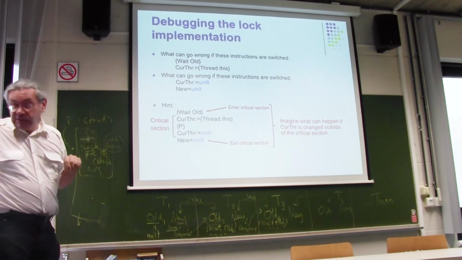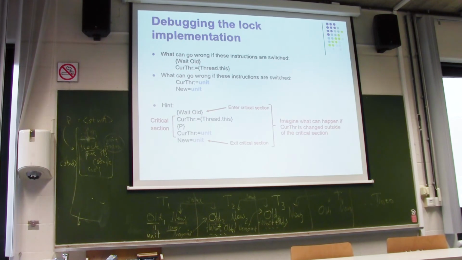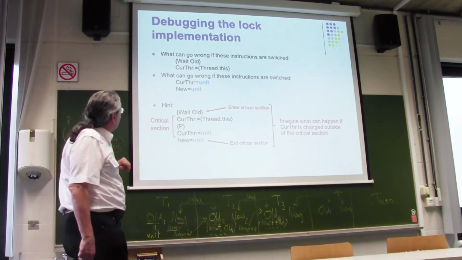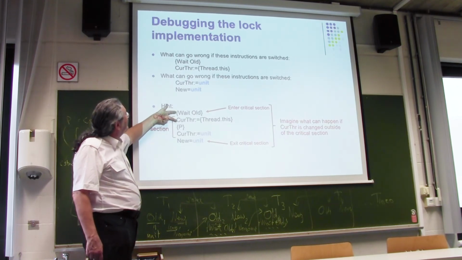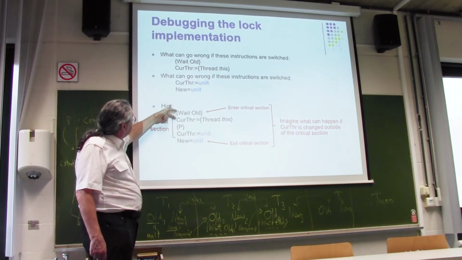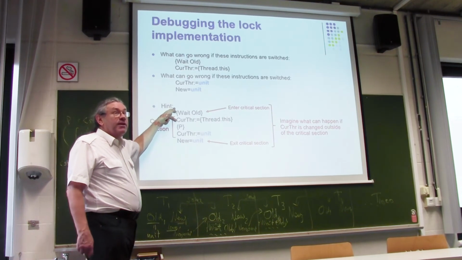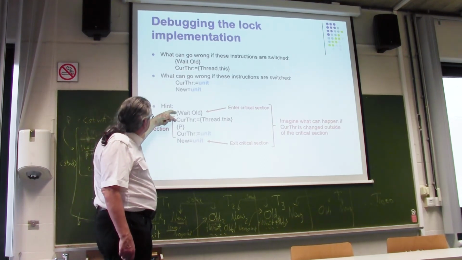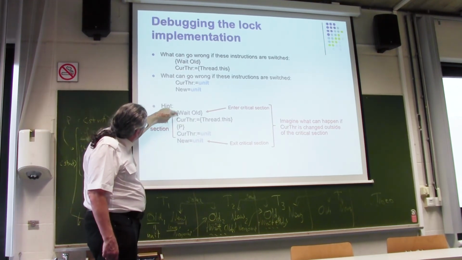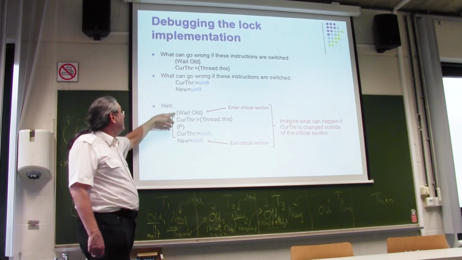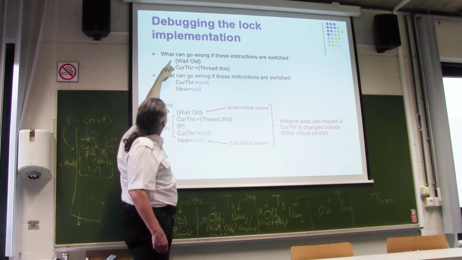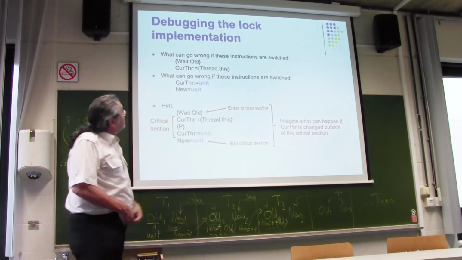So I want to ask you two questions now. What can go wrong if I switch these two instructions? Why? Show me a scenario of the scheduler that gives a bug. That means I first bind current thread, and then I do wait old. If I switch those two, what can go wrong?